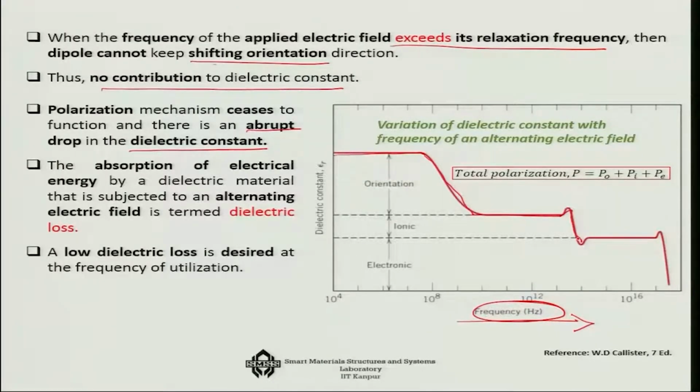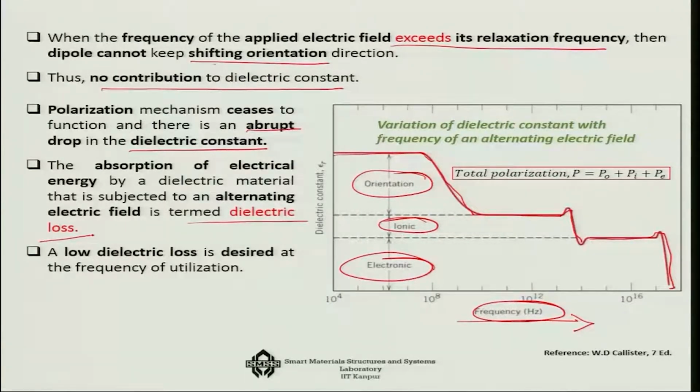The point is, first what is going to fail is the orientation polarization. Second, it's the ionic polarization, and finally, if it is a very fast electric field, then it's the electronic polarization which is going to fail, and it will not be able to follow, and there will be a sharp breakdown of the dielectric constant. So you will see a dielectric loss in the system.